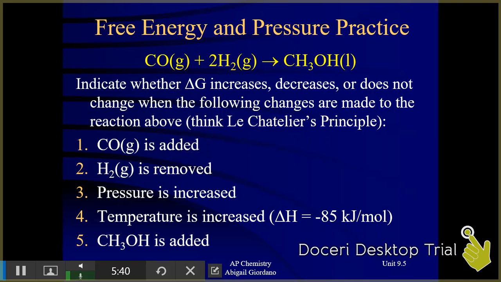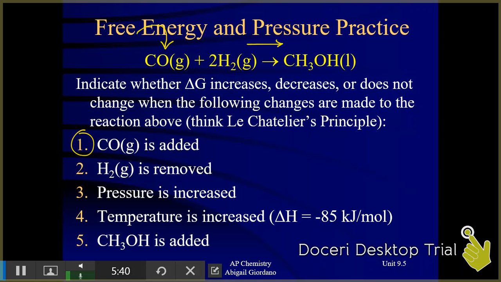First one says we are going to add more carbon monoxide gas, which is a reactant. First thing I want you to think about is what kind of a shift is that going to cause? Adding more reactant is going to drive the reaction in the forward direction. If you think about it, this stress that we have put on the system has caused this reaction to shift in the forward direction.